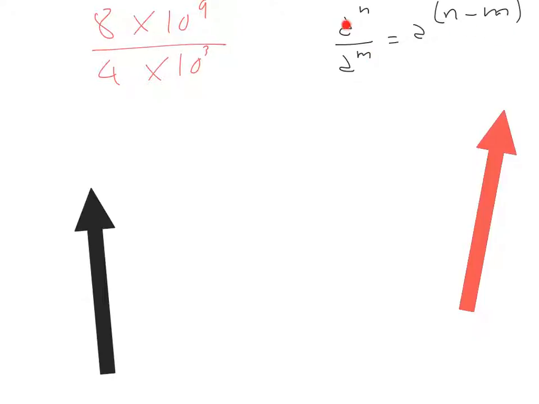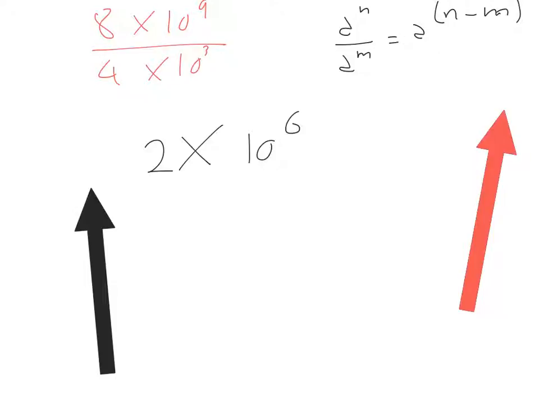In this case, a would be 10, we have 10 on top and on bottom, and we just do the difference of the exponents. We do 8 divided by 4, which is clearly 2, and then 10 to the power of 9 divided by 10 to the power of 3, we just do 9 minus 3, and we get 10 to the power of 6.